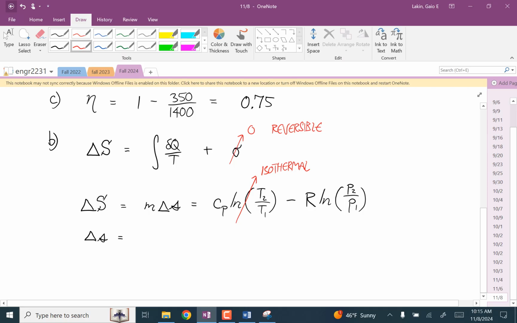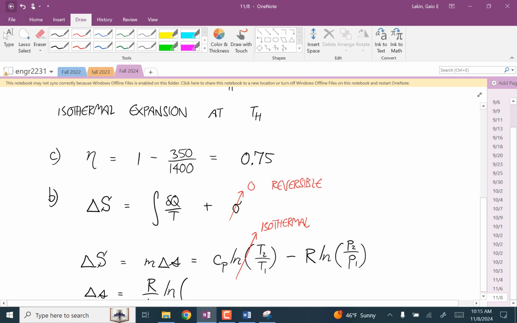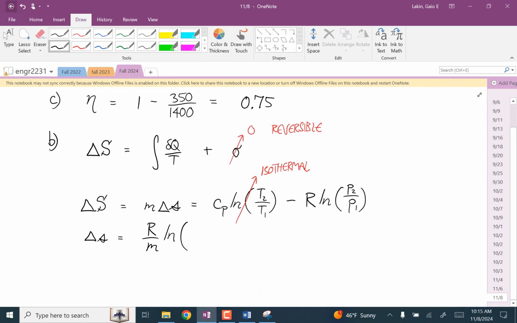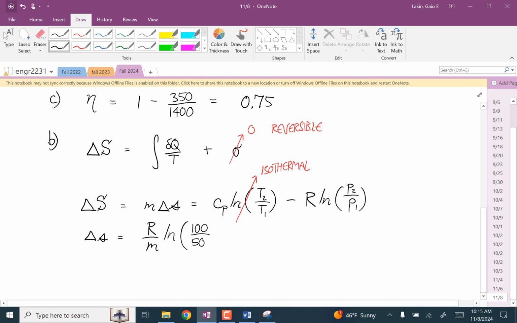So all we have left is this second term, which is R divided by the mass times the natural log of, now here's where I'm making that assumption about the pressures, so 100 over 500, and this is negative.